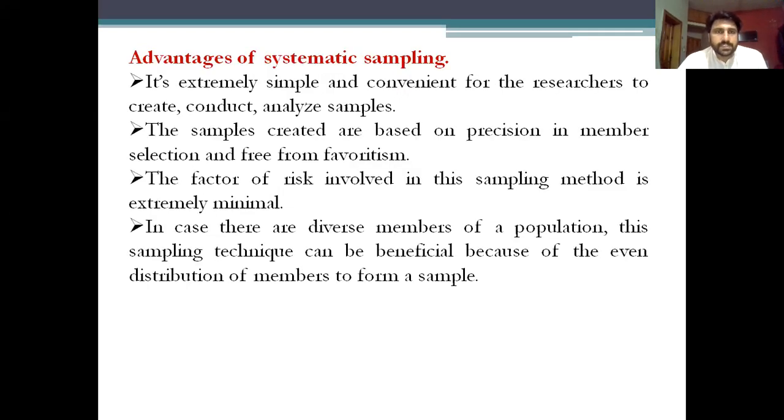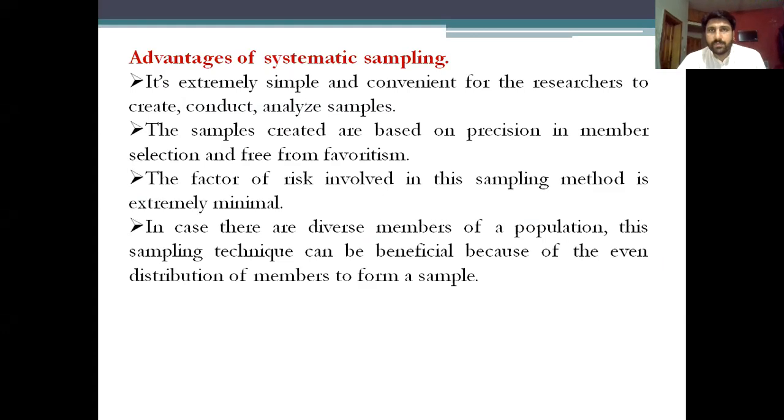What are the advantages of systematic or mixed sampling? It is extremely simple and convenient for the researcher to create, conduct, and analyze the sample. Very helpful. The samples created are based on precision in member selection, and it's free from favoritism. You do not have control over the selection of the subsequent samples.